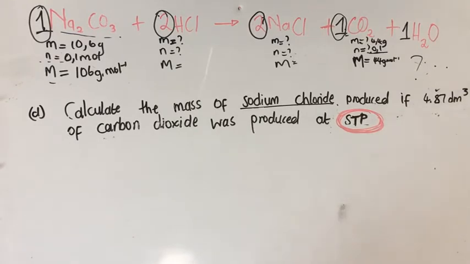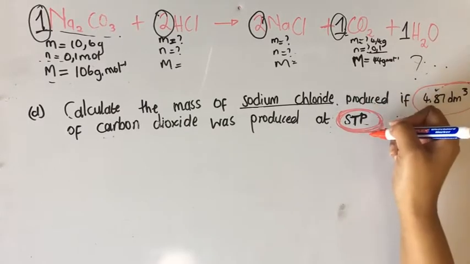Standard temperature and pressure. So with standard temperature and pressure, kune molar volume, kune temperature ku 273 Kelvin, ne-pressure yakhona is 1.03 times 10 to the power 5 pascals. Okay, so now sinikezwe i-volume e-carbon dioxide, right? And the volume i-produced under ama-conditions ukuthi it's at STP.